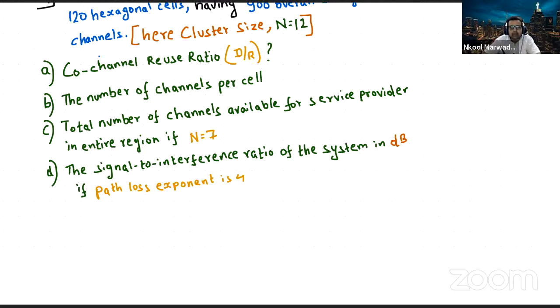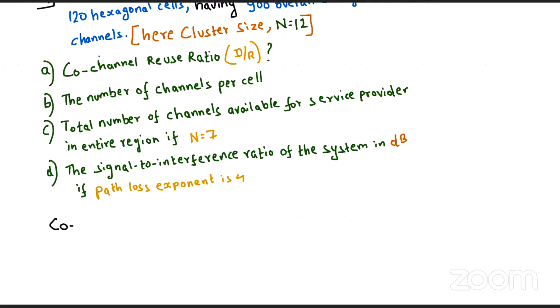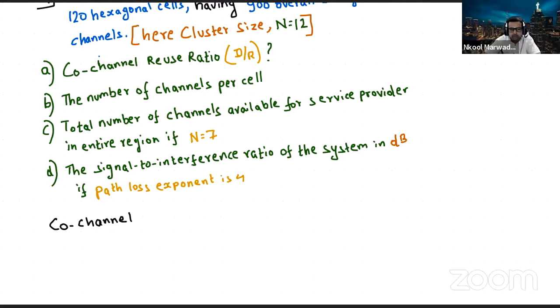I am not writing A, B, C, D, rather I am writing the concepts. Co-channel reuse ratio: D by R is equal to root 3N.